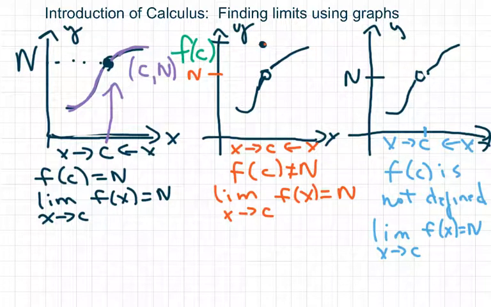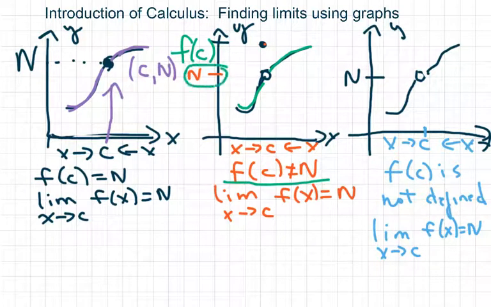In this case, it's undefined because f of c does not equal n, but it doesn't have to be defined there. So at the same time as x approaches c from the left or from below and from above, the limit is n here.